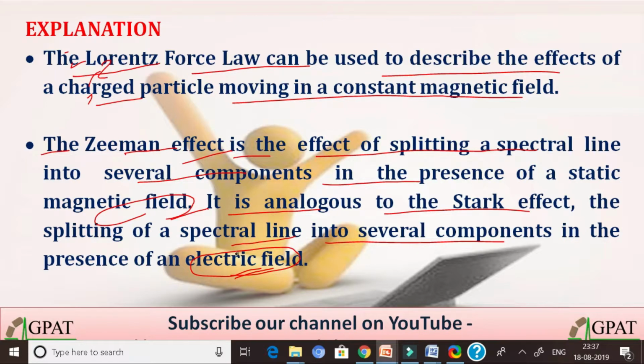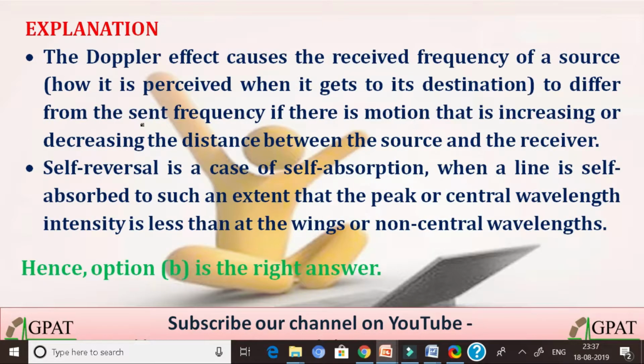And where the Doppler effect causes the received frequency of a source, that is how it is perceived when it gets to its destination, to differ from the sent frequency, if there is a motion that is increasing or decreasing the distance between the source and the receiver.